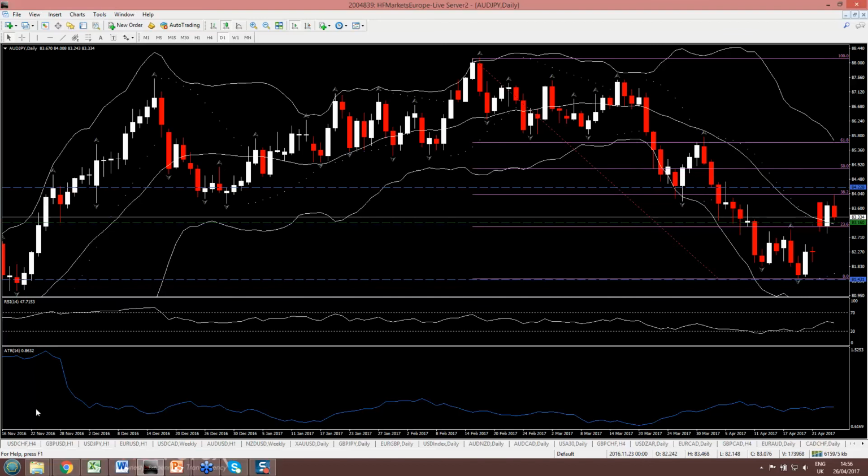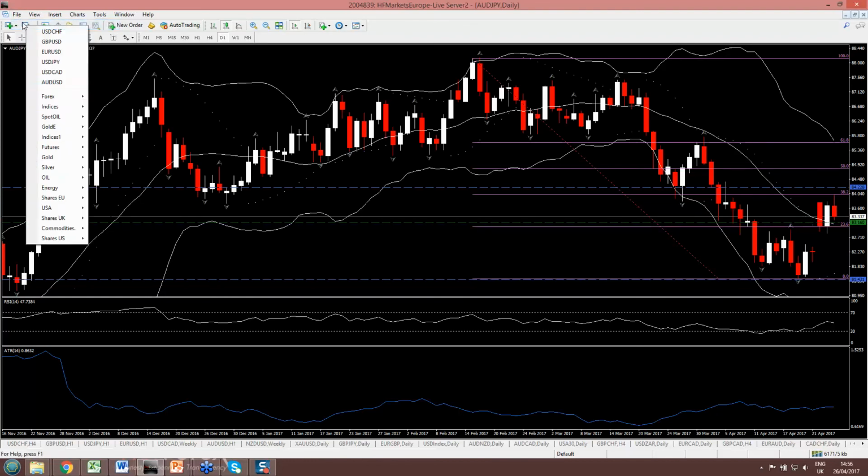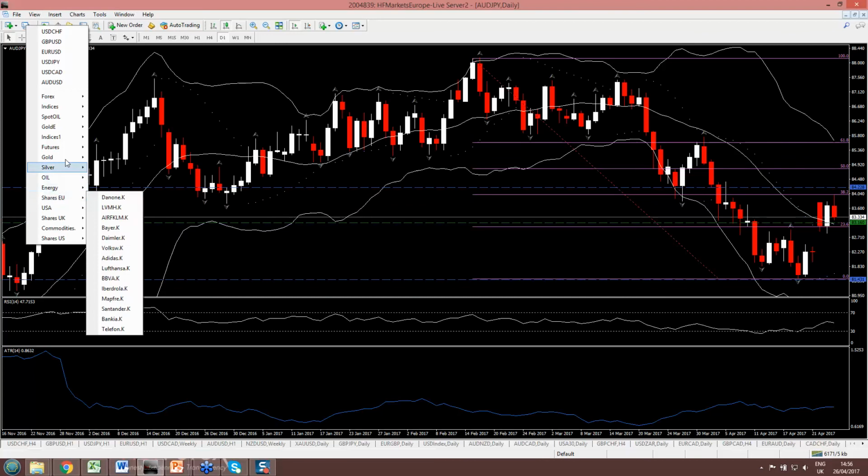See this? This has gone all the way back to November, and the only gap we've had was the crazy news from the French election. If you're trading stocks, you'll see this all the time, gapping every day. Let me bring up a US share, for instance. Shares, where's the shares gone? US share.